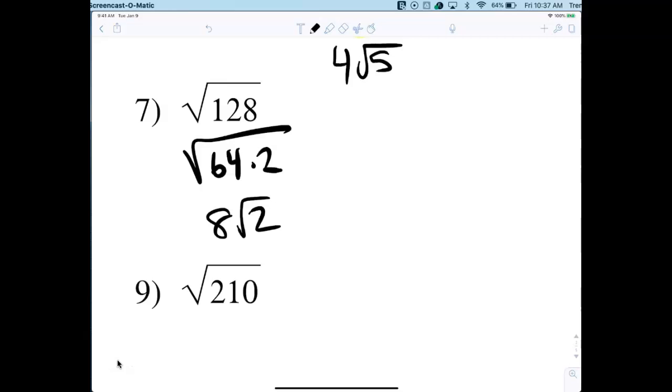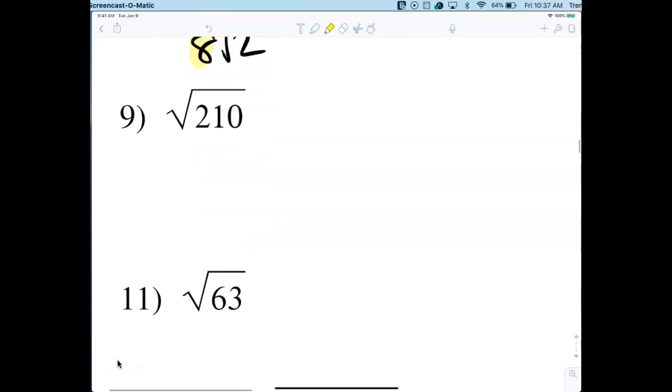Now some of you are like, well, I didn't like that way. Well, you could divide 128 by 4 and do it the long way. Does everybody agree? What's the square root of 64? 8 times 8 is what? There you go. We just confirmed: the square root of 64 is 8.